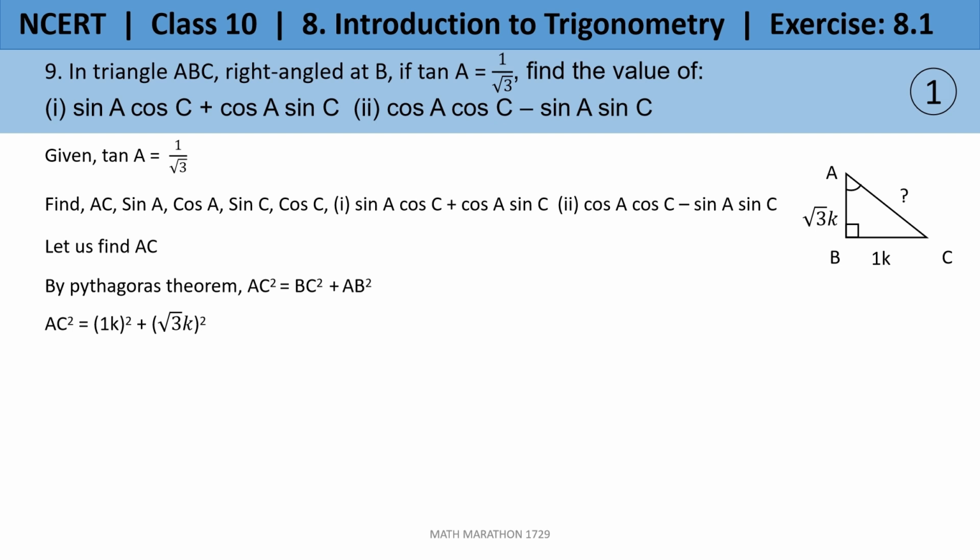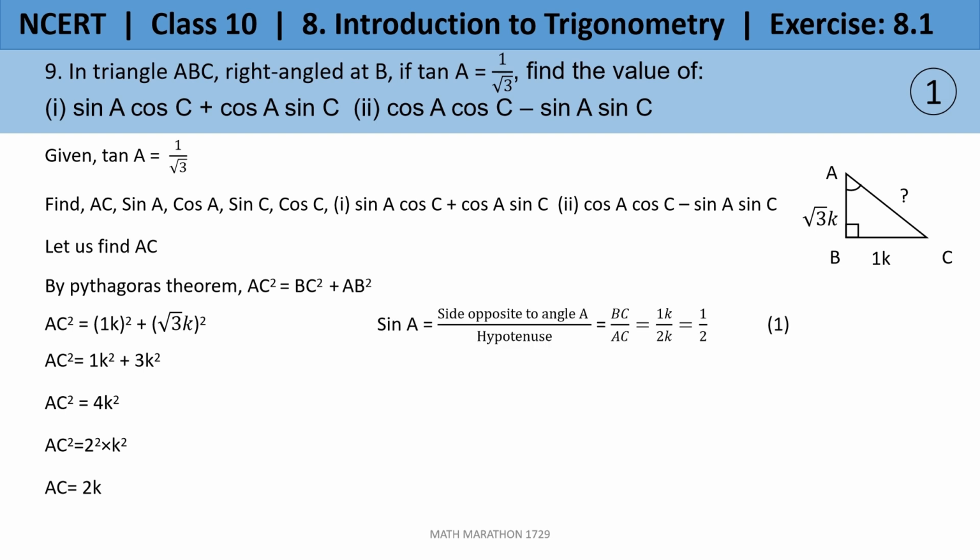AC square is equal to 1k square plus root 3k square, which is 1k square plus 3k square, which is 4k square, which is 2 square multiplied by k square. Let us take square root on both sides of the equation. AC is equal to 2k.